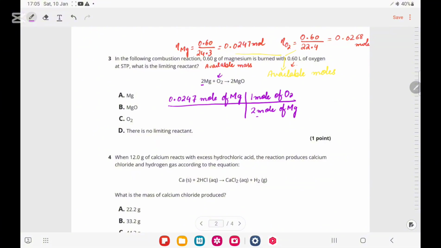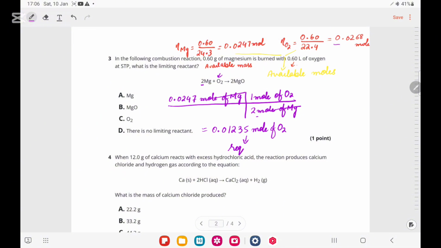So I am going to write that here. The moles of magnesium cancel out, and 0.0247 divided by 2 comes out to be 0.01235 mole of oxygen, and these are the required moles.